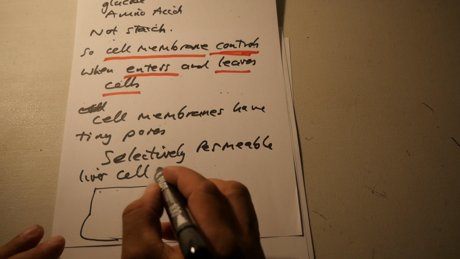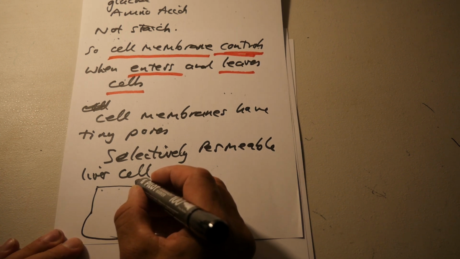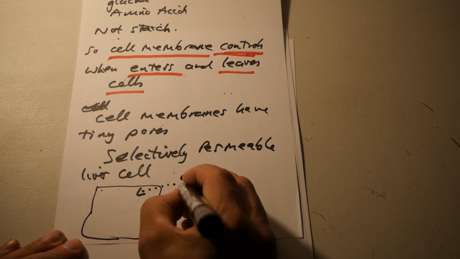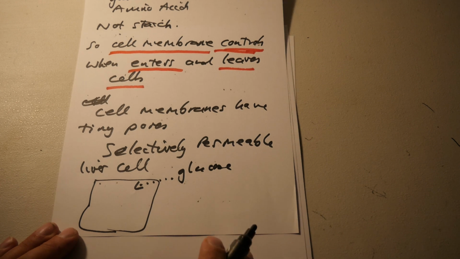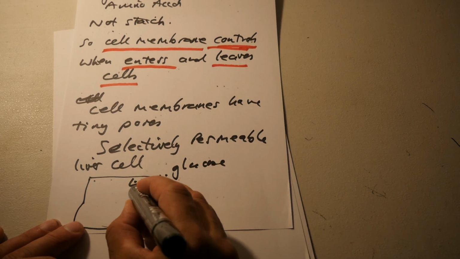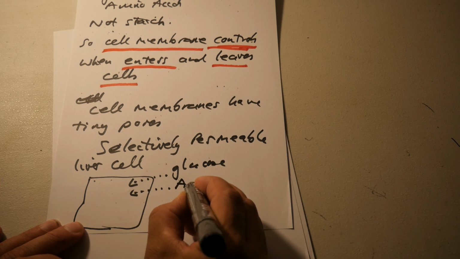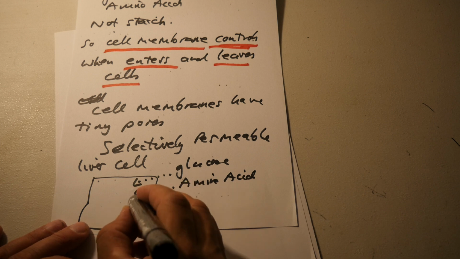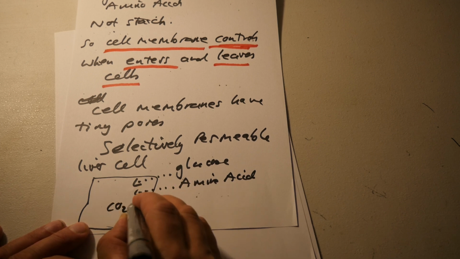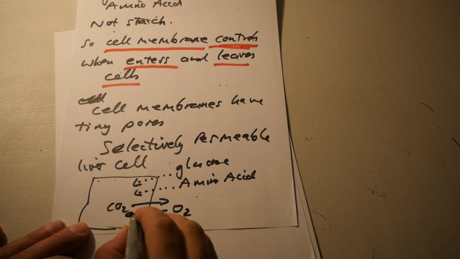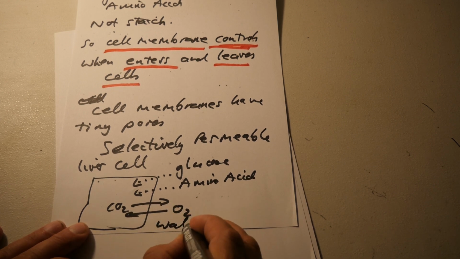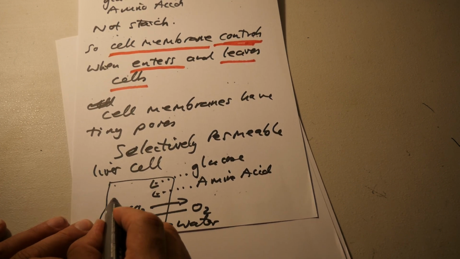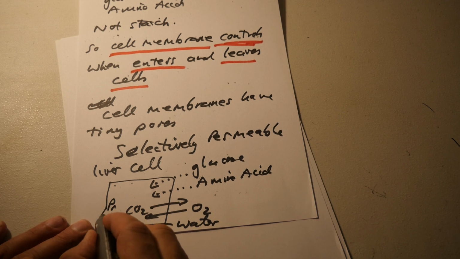So you've got glucose, amino acids, water, and protein, which cannot do anything.